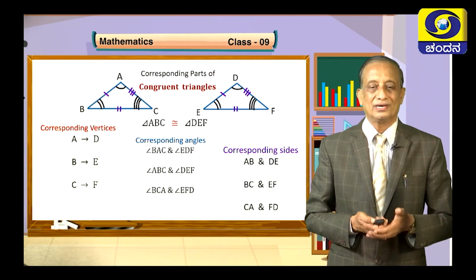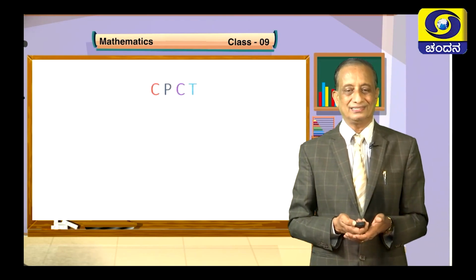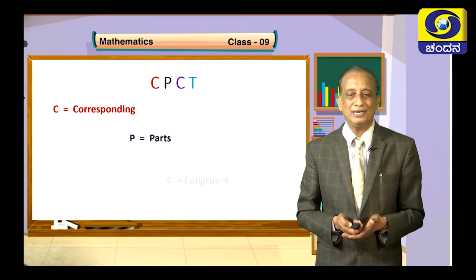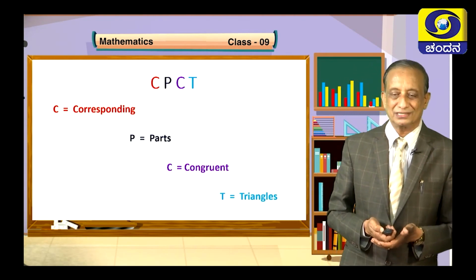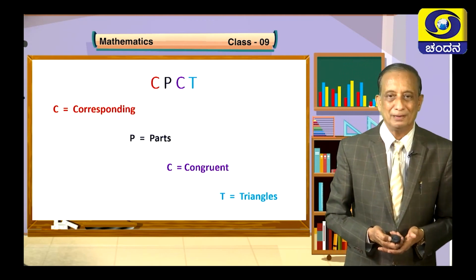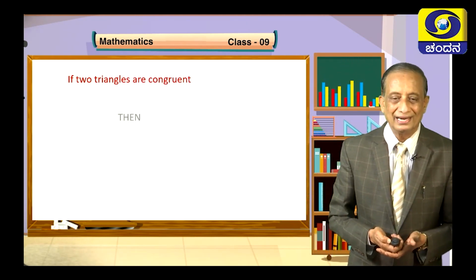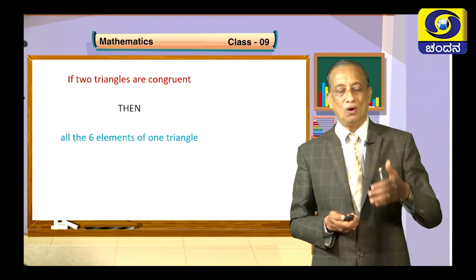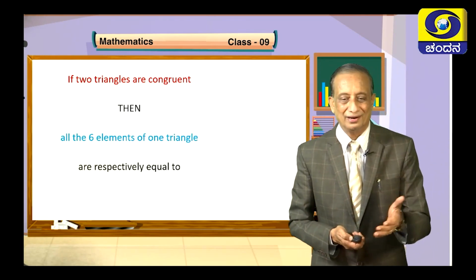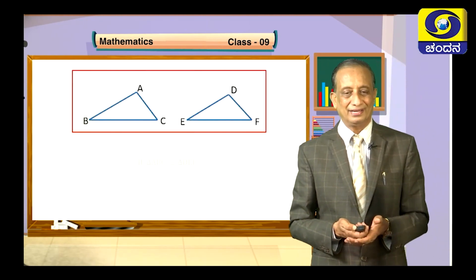These are called corresponding parts of congruent triangles. So CPCT: C means corresponding, P means parts, C means congruent, T means triangles. CPCT means corresponding parts of congruent triangles. So if two triangles are congruent, then all the 6 elements of one triangle are respectively equal to all the 6 elements of another triangle.